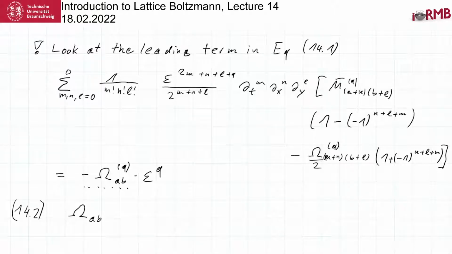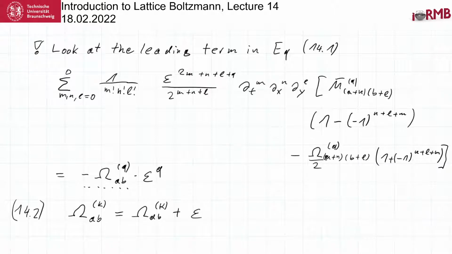AB of, say, k now, is omega AB of k, and now comes again the entire equation 14.1, and I remind you that the entire equation 14.1 was set in a way that it is 0.